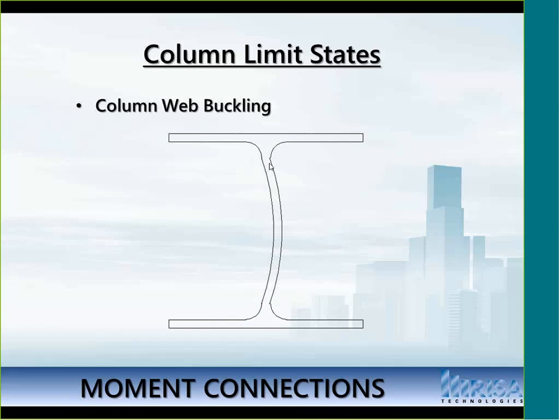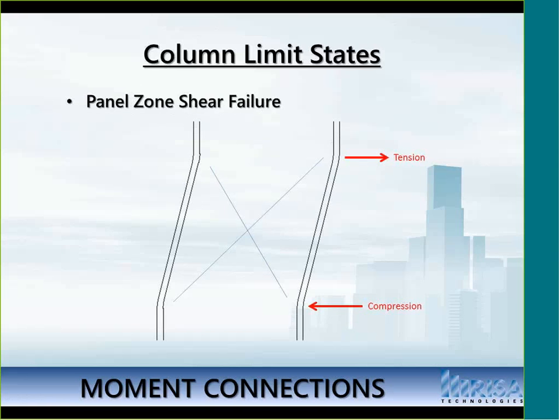So if you have a beam that's part of your moment frame that's carrying an axial force as well, pushing against the column, you can get a failure mode where it actually buckles the entire column web outwards, as you can see here. So these are some various limit states that can be addressed using the moment connection stiffeners.